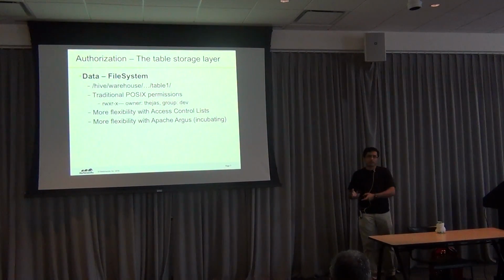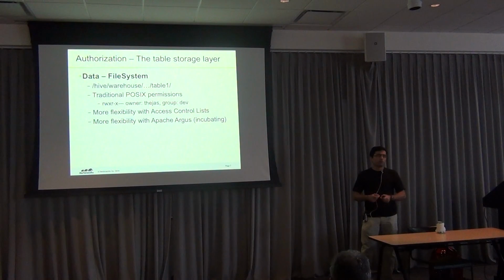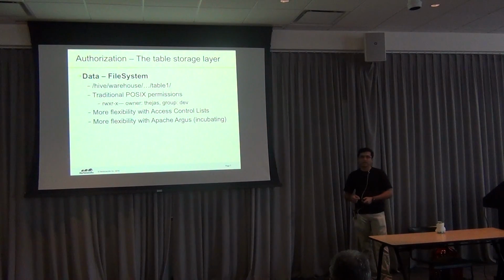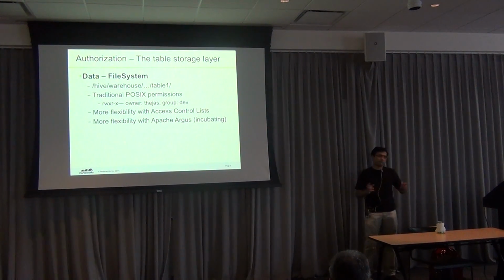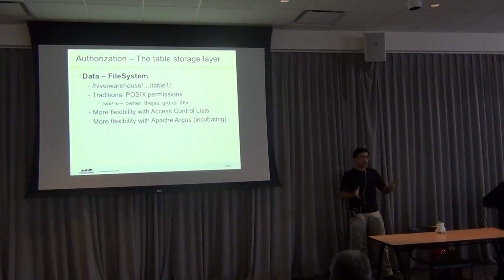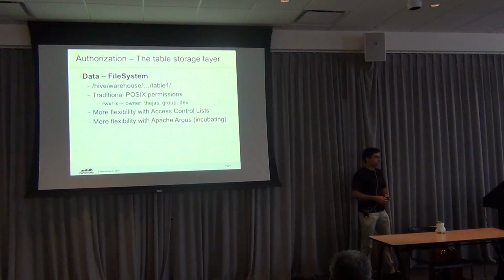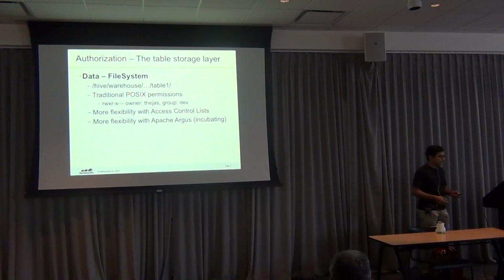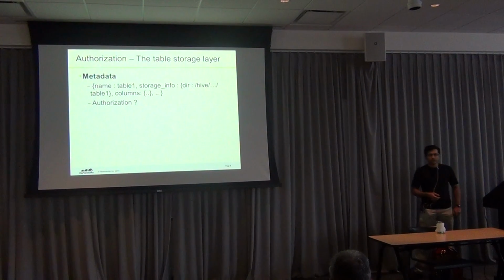And now with Hadoop 2.4, you have even more flexibility in controlling permissions using access control lists. And with projects like Apache Argus, you have way more flexibility and way more usability features. So that was about data.